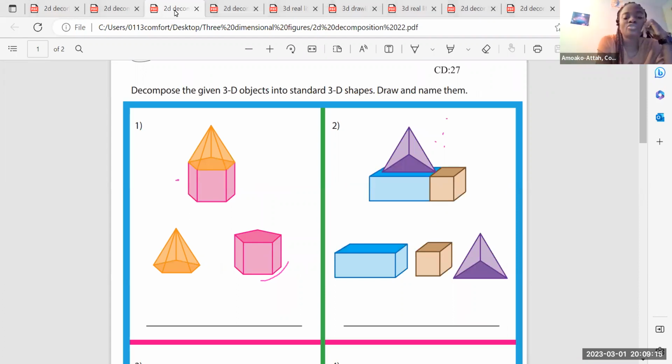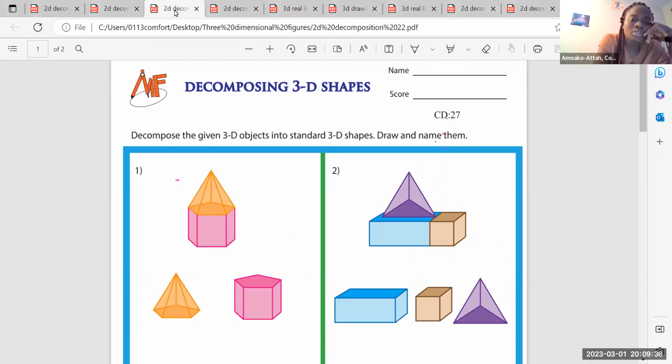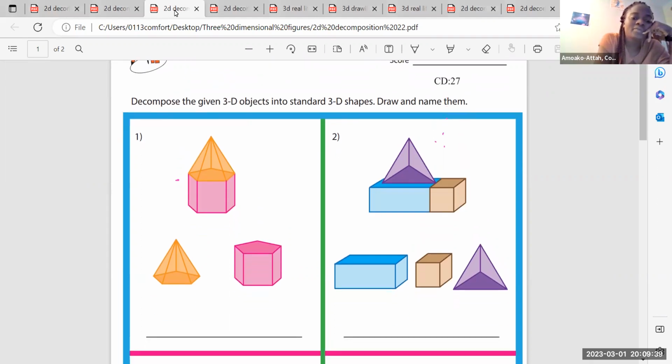How do we solve these two? We have to decompose the given 3D object into standard 3D shapes. We have the prism down and the pyramid up. What is the difference between a prism and a pyramid?